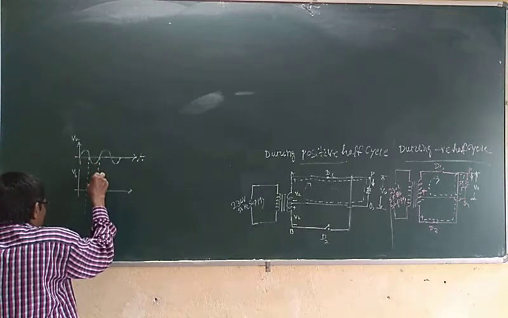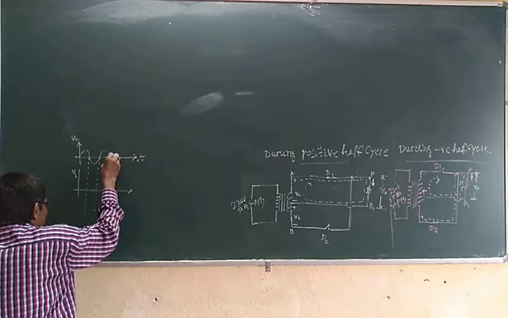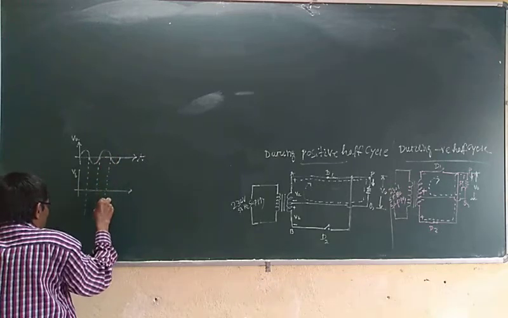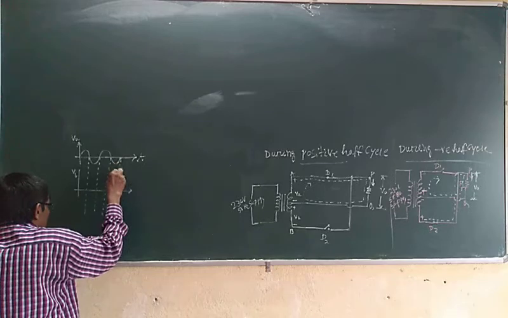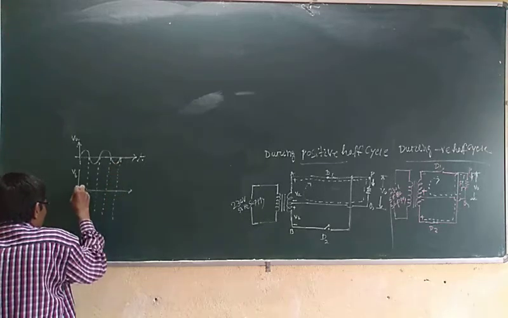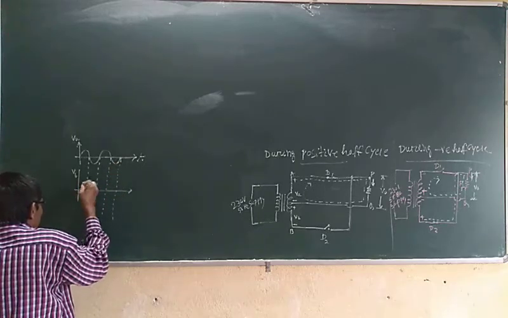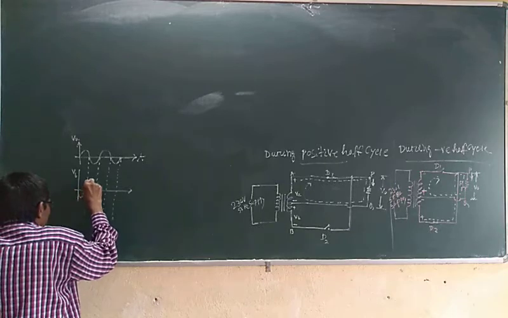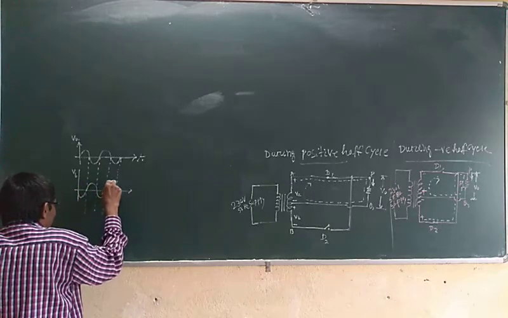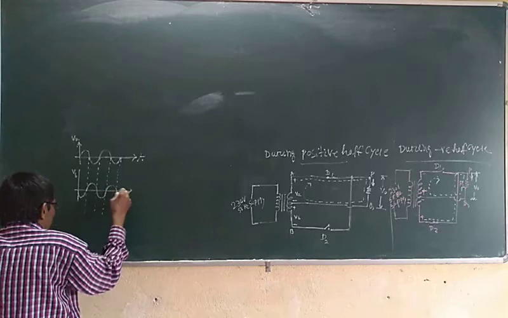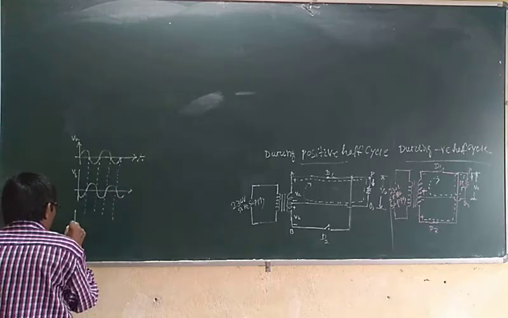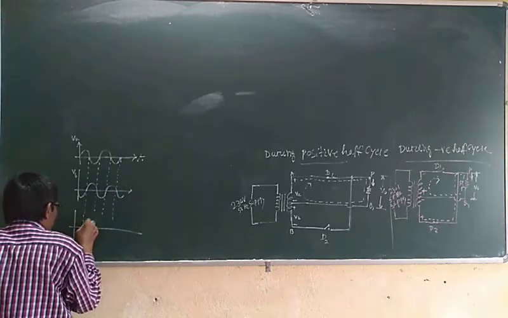This is the time axis. Now VB will be the negative half cycle and VA will be the positive half cycle.